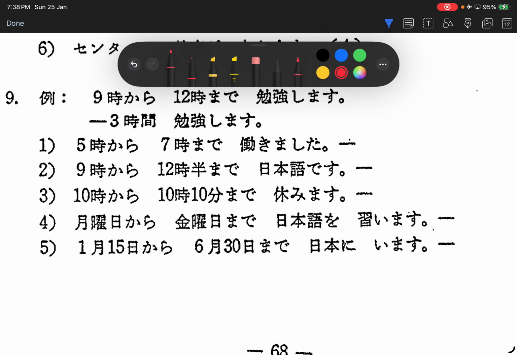Number 5. 1月15日から6月30日まで日本にいます。 Yes, Rachel? How long is this? 5月半. Okay, but do you say 5月? 5月 is May.